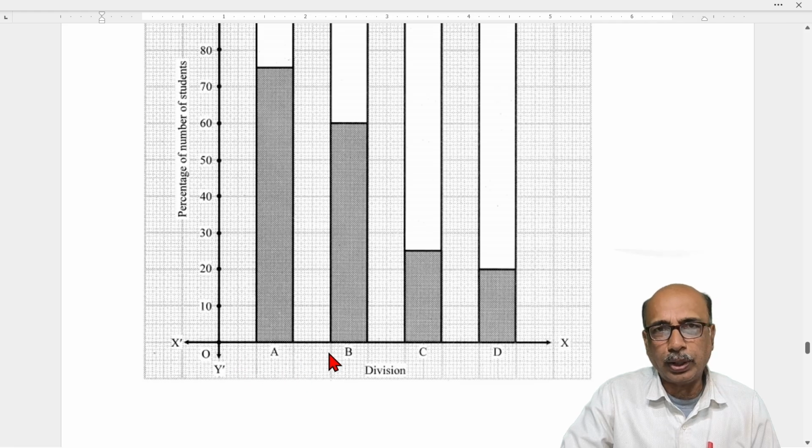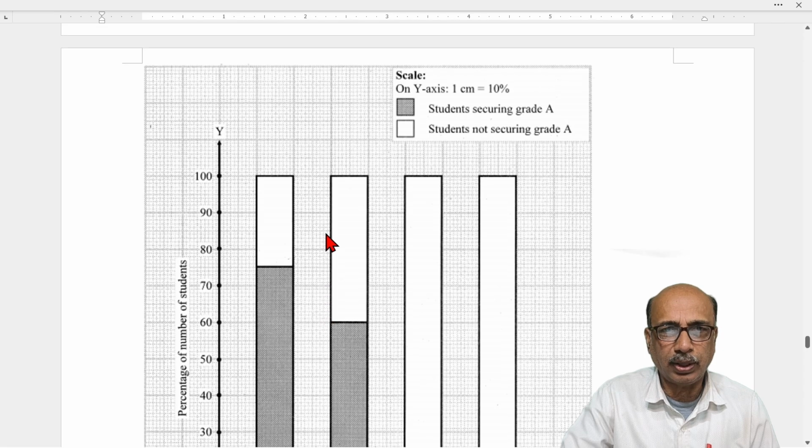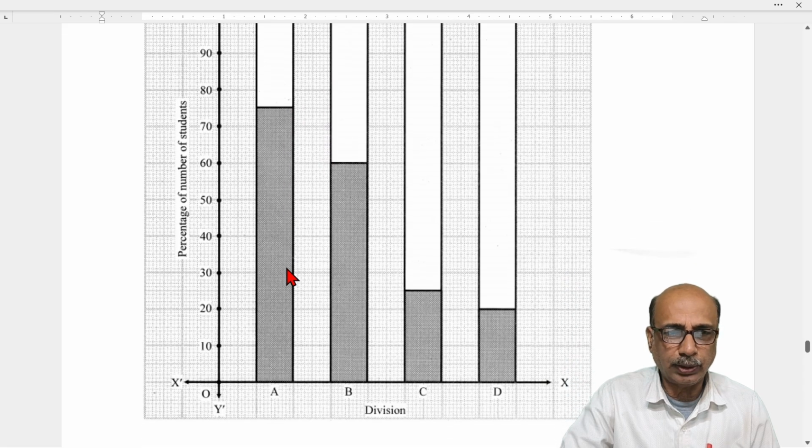You know how to take the graph now. So A, B, C, D will be divisions of class 8 on x-axis and percentage of number of students on y-axis. So 1 centimeter equals 10%.